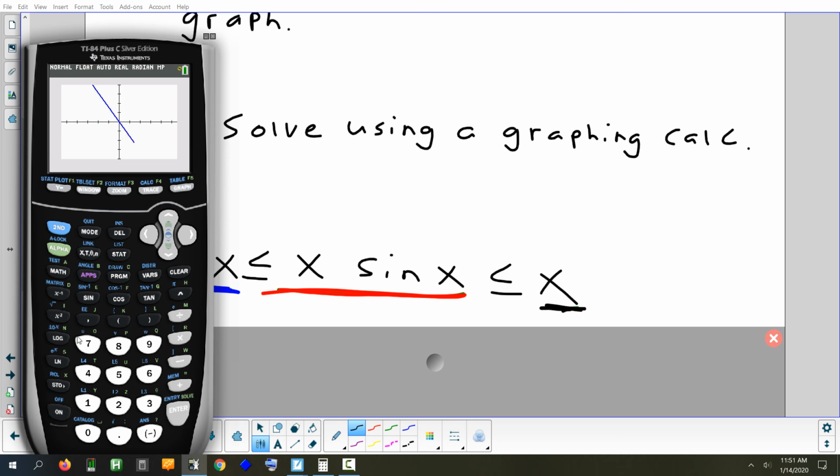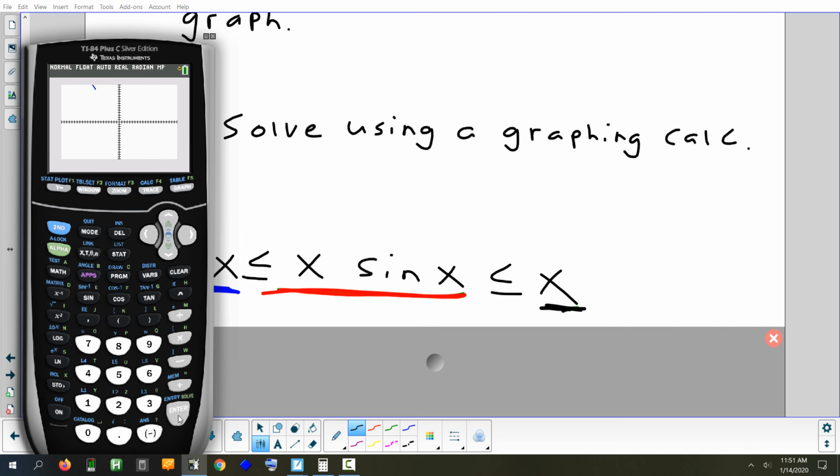So there's negative x. I think I'm going to have to zoom out a little bit. Let's go zoom 3 out.